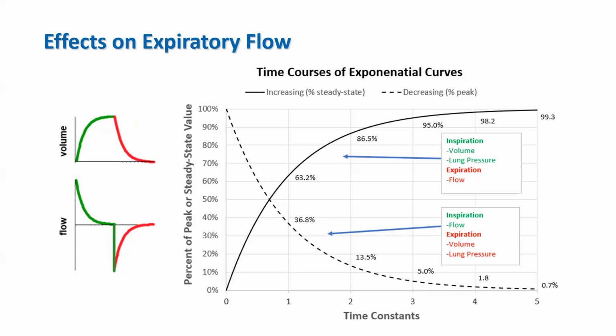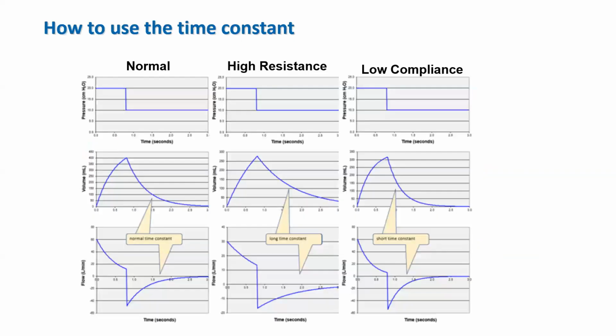So again, basically, if you have a short time constant, that generally is due to a low compliance, a stiff lung. If you have a long time constant, it takes a long time to exhale, that's generally due to a high resistance. And that again is a concept that we can apply to our waveform interpretation to know what's going on with the patient, in other words, to find out if the load is an elastic load or a resistive load.